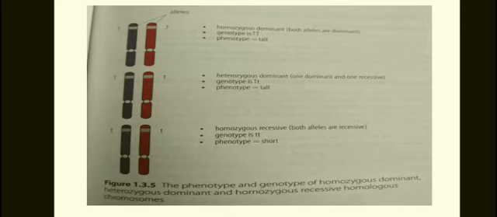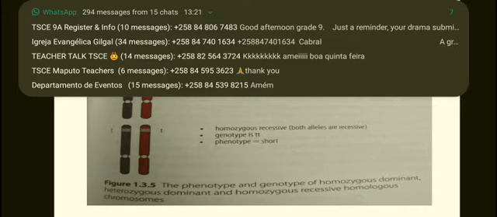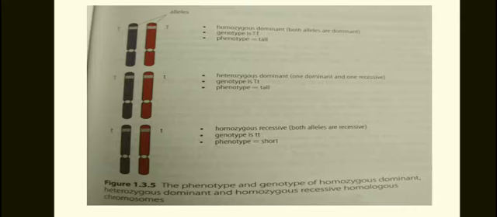So as long as the dominant allele is there, that plant is gonna be tall. So the one on top, the phenotype is tall because the plant is homozygous dominant.